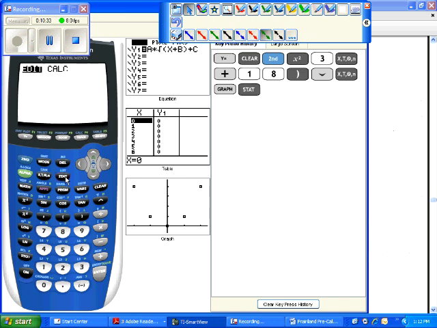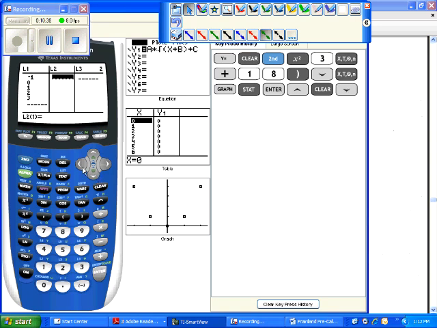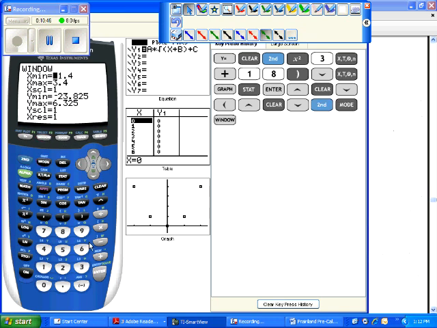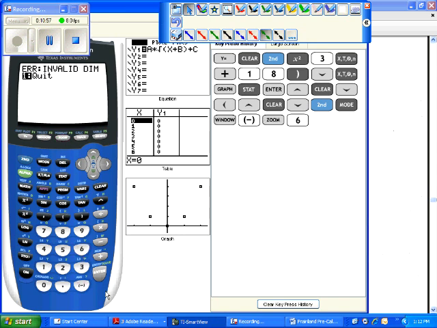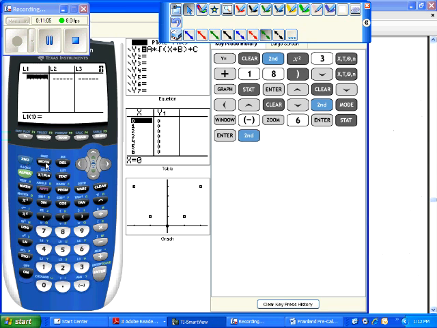Let me do something. I've got some stuff in stat edit I need to get out. I want to make my window a little bigger, so I'm just going to go to a standard viewing window. So let me go to zoom, standard 6. Now I'm recording this and I'm having trouble.